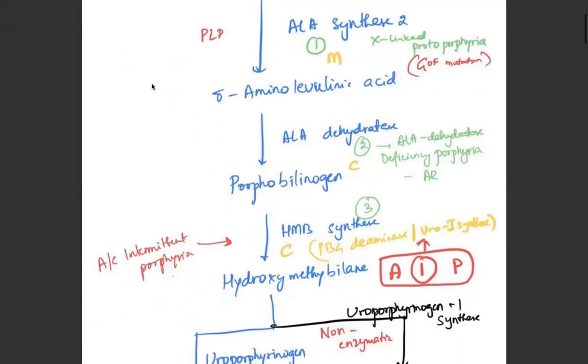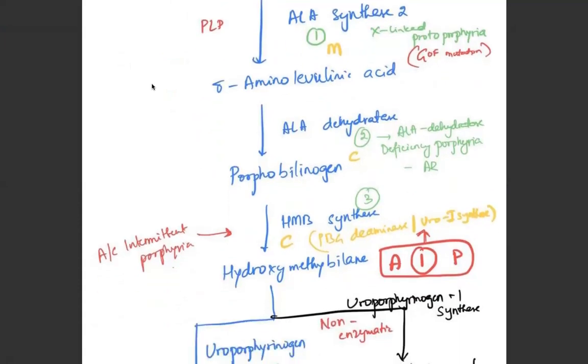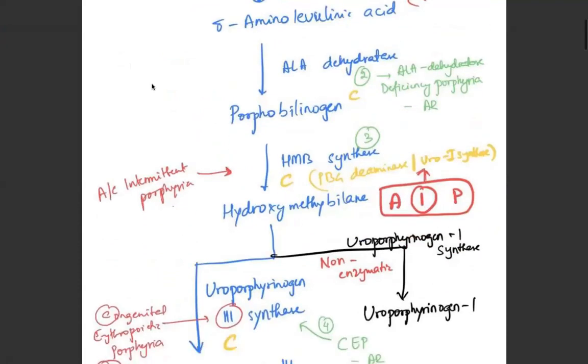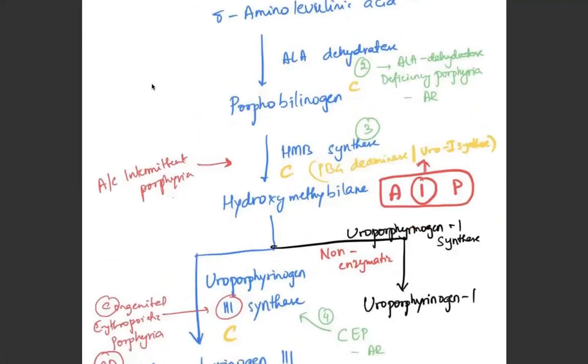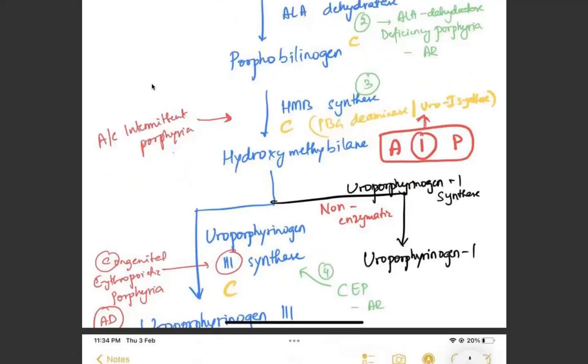This hydroxymethylbilane can also be called uroporphyrinogen 1 because it gets converted non-enzymatically into uroporphyrinogen 1.